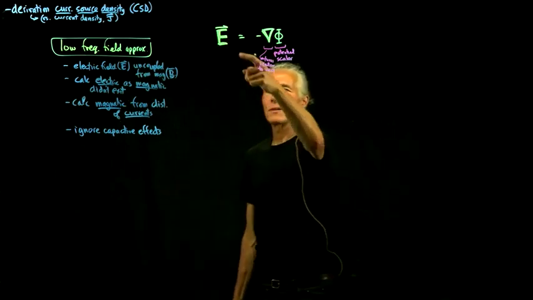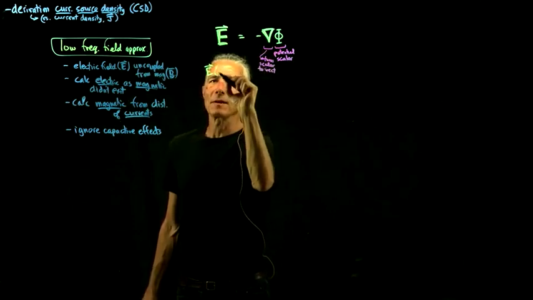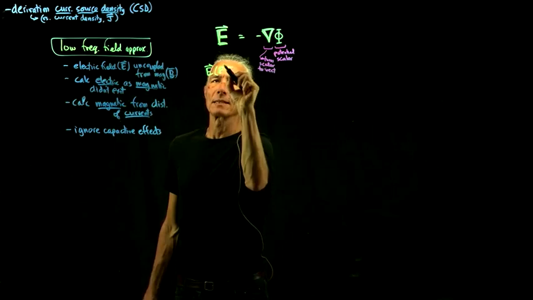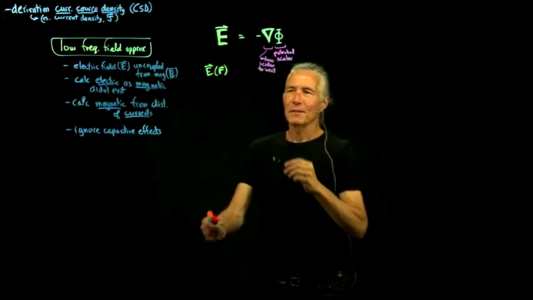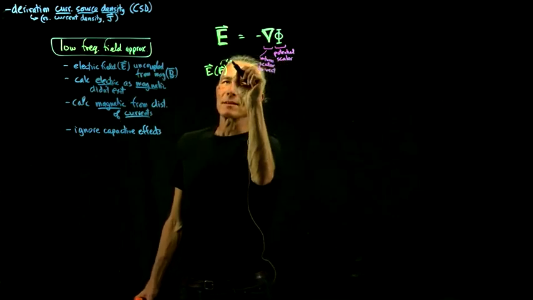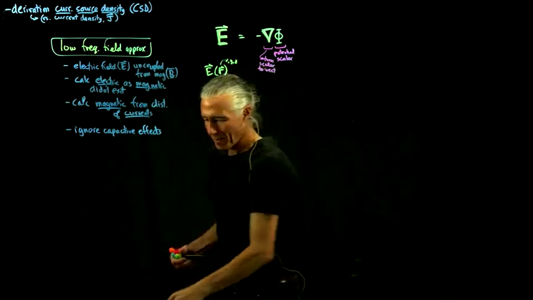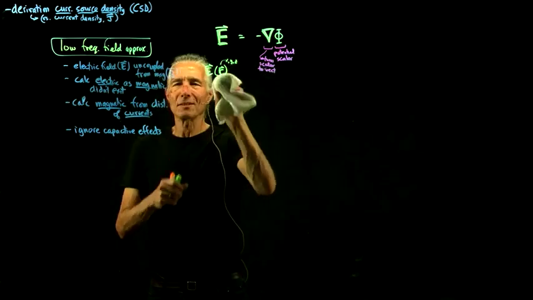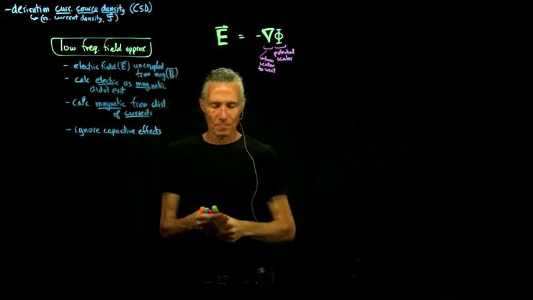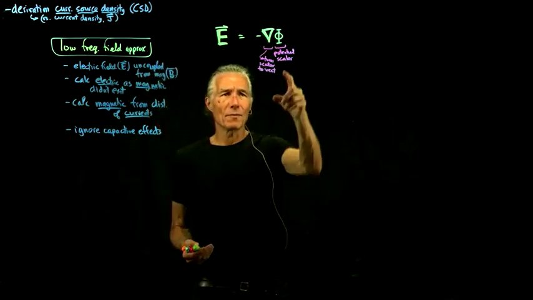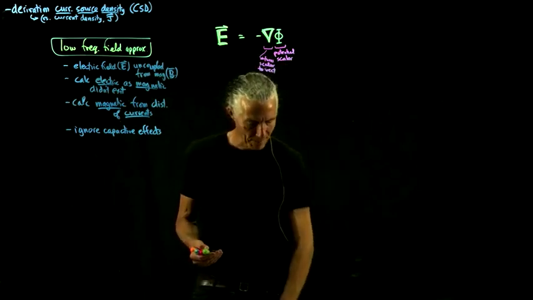It's really the E field at a particular point in space, X, Y, Z, but usually people just leave that out and assume that's what we mean. And the same for the potential at every point in space.